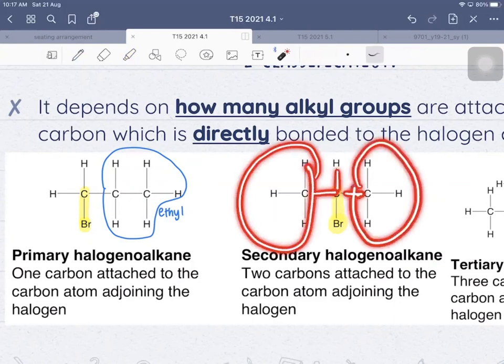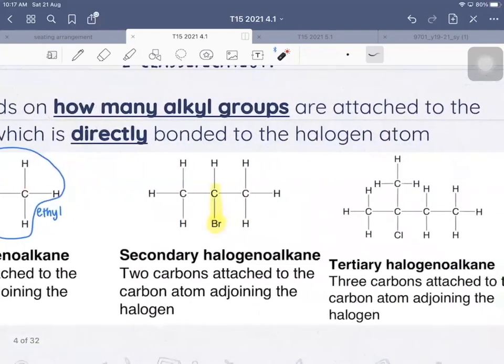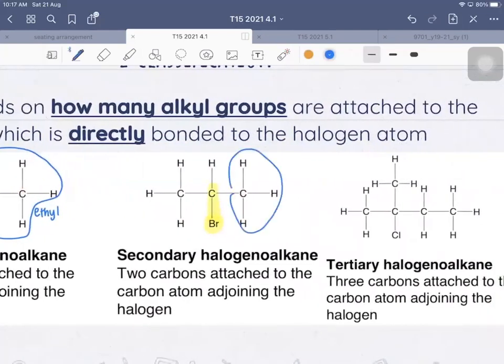This is another methyl, 2. So that is a secondary halogenoalkane. It's called secondary because there are 2 alkyl groups attached to the carbon with the halogen. I'll label this as methyl, as we all know, CH3, and this is also a methyl.